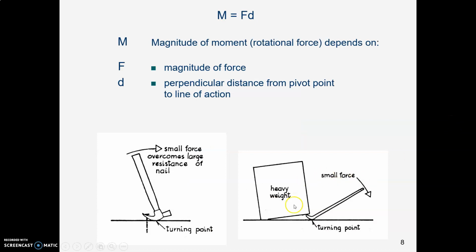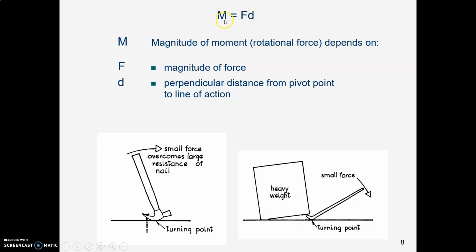If you have a crowbar and you're trying to lift a heavy box, let's say, you can stick the crowbar under there and go out to the end of the handle, and even though you may not be very strong, your force times that distance will wind up lifting that weight. It's the same principle that causes a claw hammer to work. So moment is force times distance.